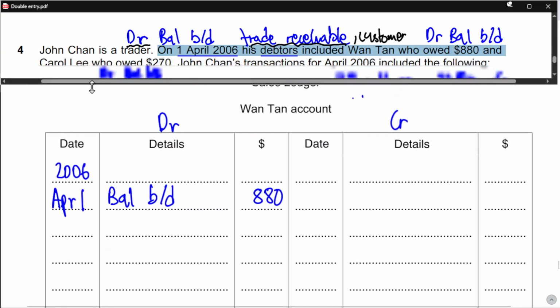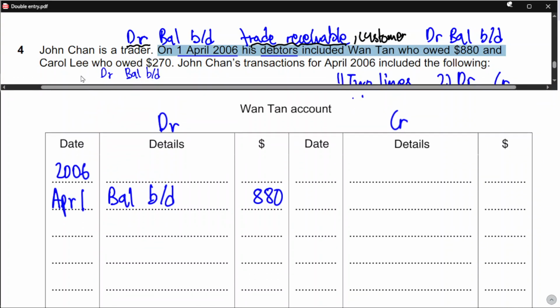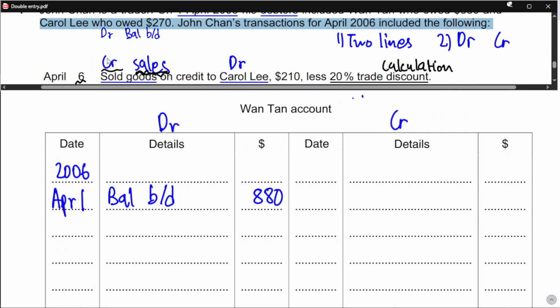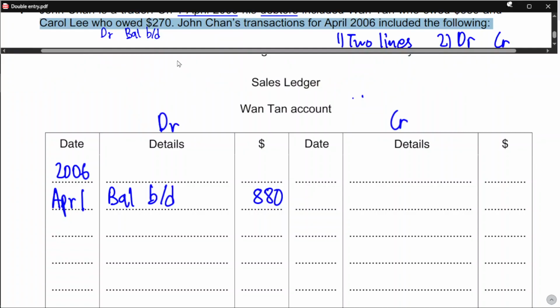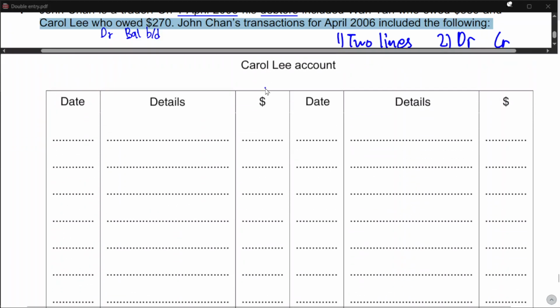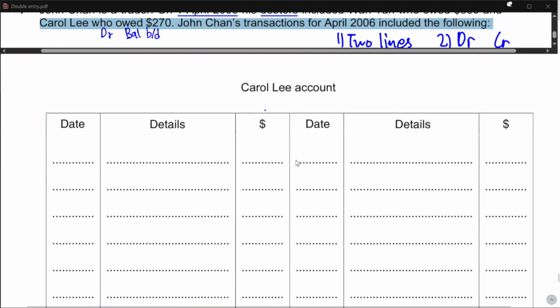Then let's go to the next line. Next line you want us to do what? Carol Lee debit balance BD. So let's go to Carol Lee account. So left is debit, right is credit.